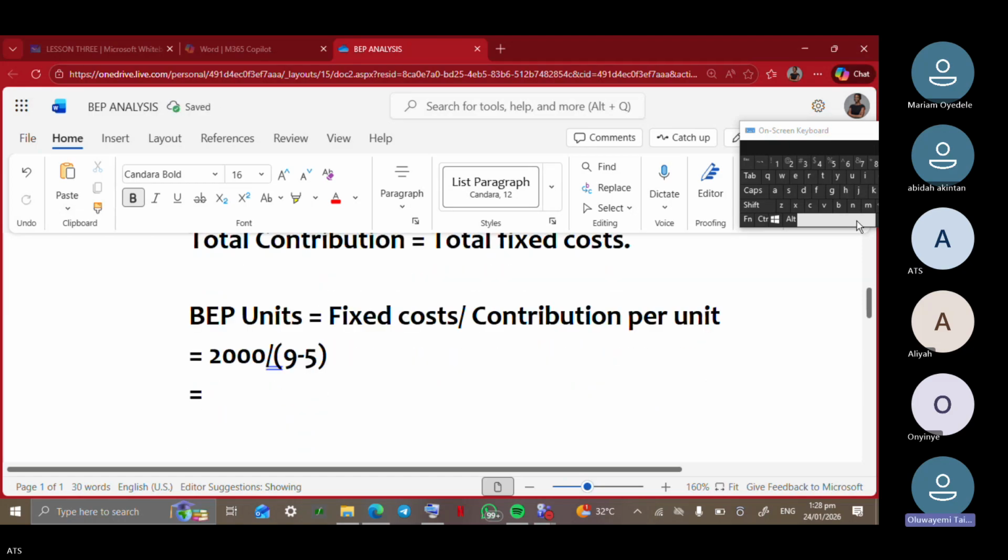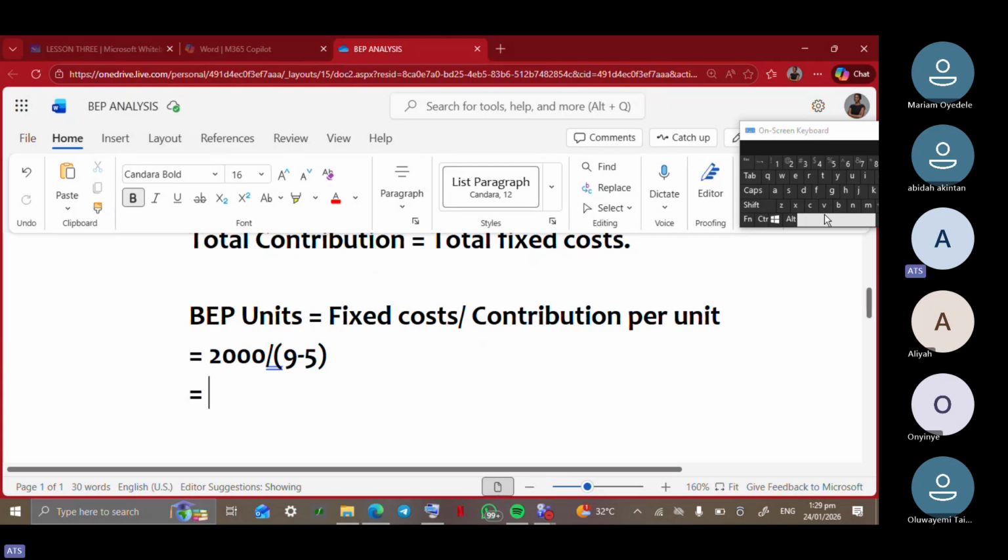Please, ma, I can't get that. I don't think I wrote down the formula for contribution per unit. Contribution is your sales minus your variable cost, right?